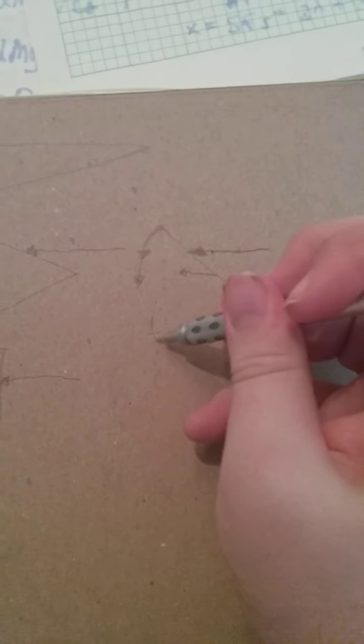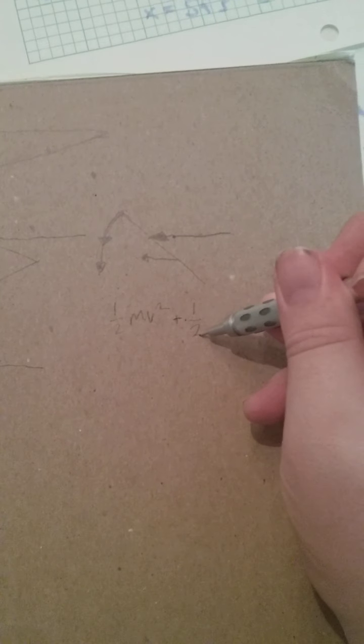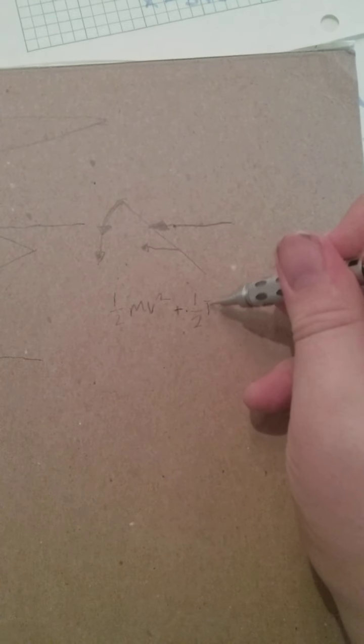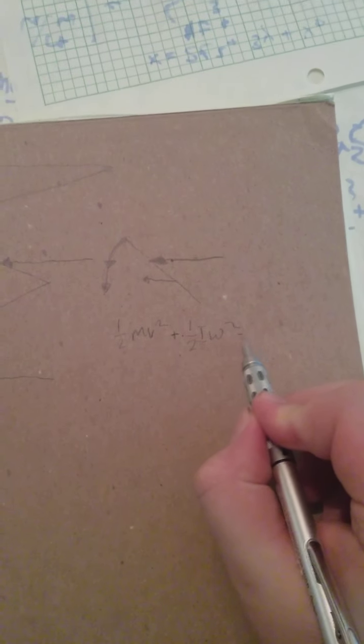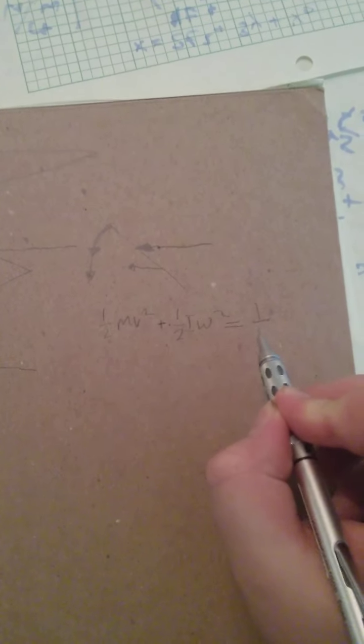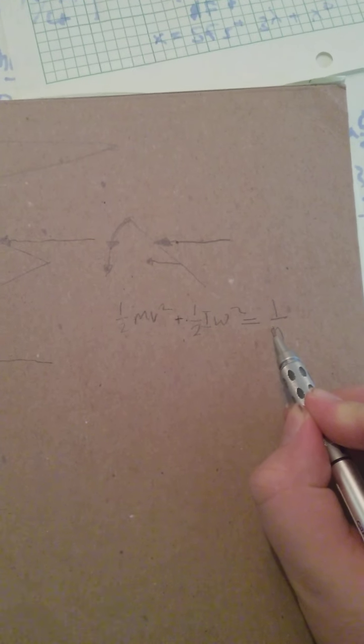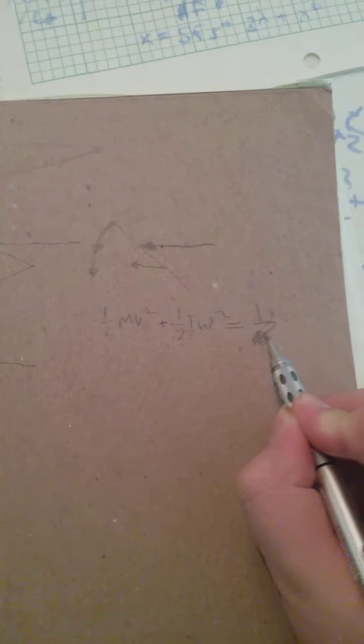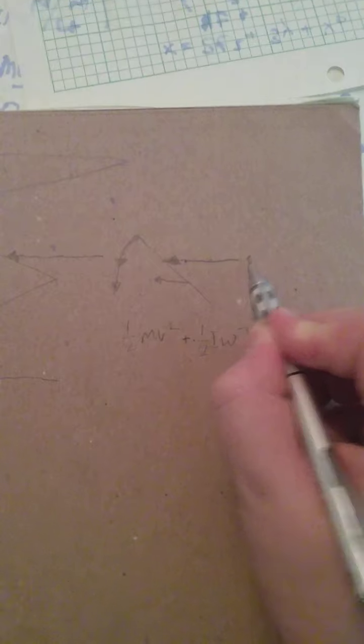Right. So if you have a conservation of energy, where you have 1/2 mv squared plus 1/2 I omega squared is equal to the initial, so this is the initial here, right?